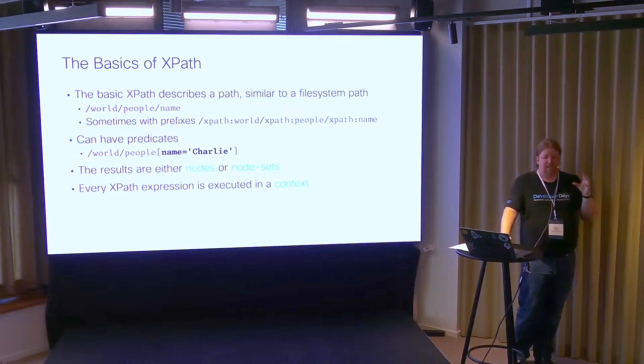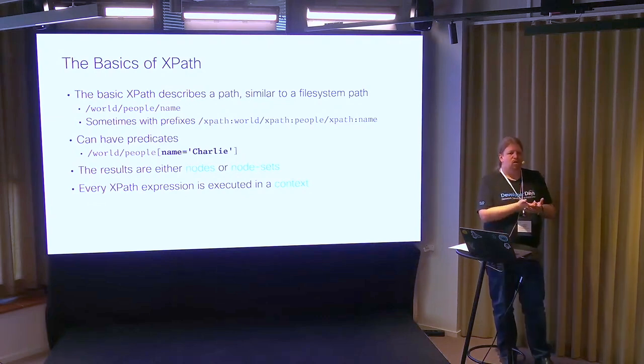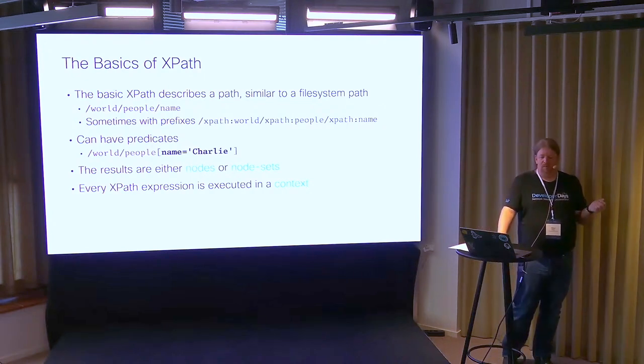You have collections and you have basic elements. Unfortunately, in XPath, there is no way of converting between these, or no good way of converting between these. So you have to keep in mind if what you're getting could be multiple hits or a single hit, because it makes a difference what happens after that.